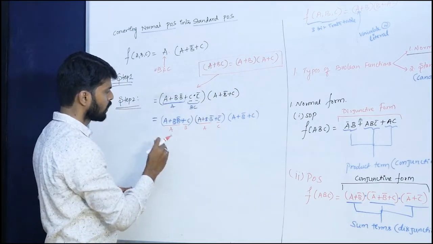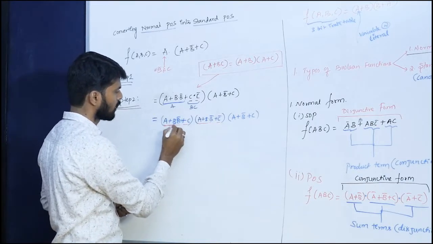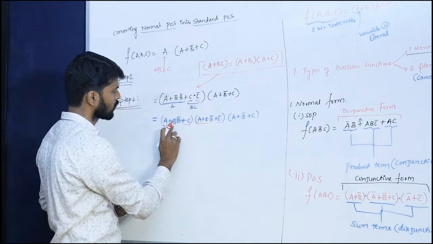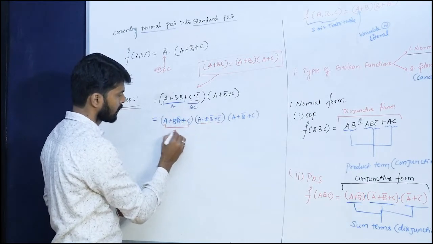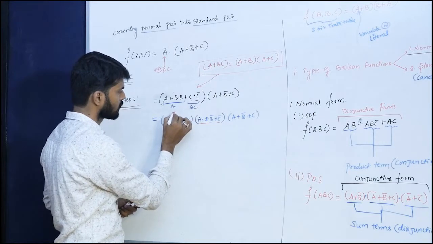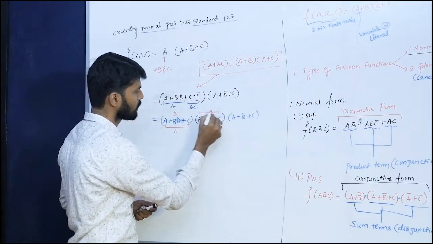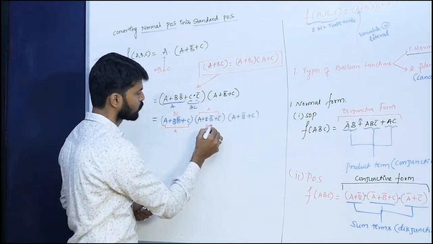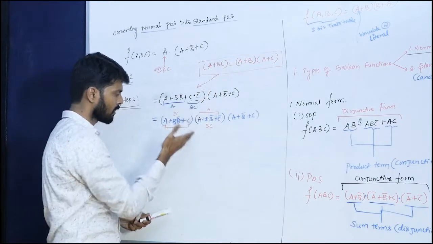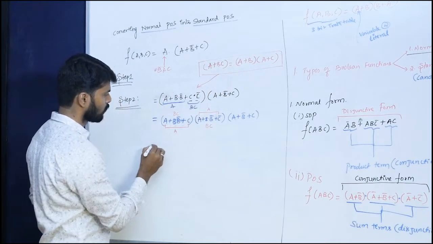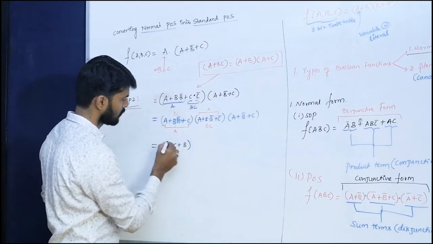I will treat these two as A and these two as BC. Similarly here also, these two I will consider as A and these two as BC. Again the same Boolean algebra I will apply here. Then how exactly does it look? A plus C plus B, correct?